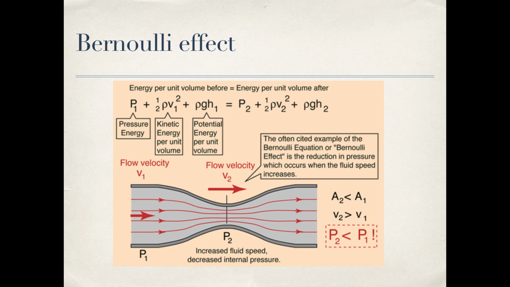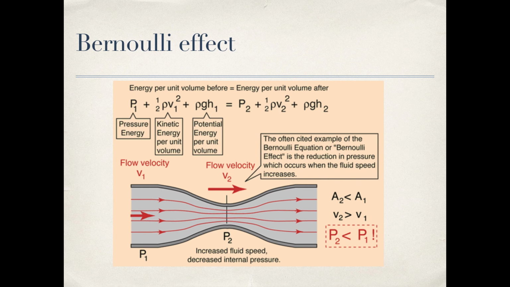So now I will show you the application of the Bernoulli equation on this drawing. We have a pipe which has a different area, which has this narrow passage here, and we use the Bernoulli equation. Because the kinetic energy, which means velocity squared, and the gravity here and here are the same, then the pressure here and here must be equal.